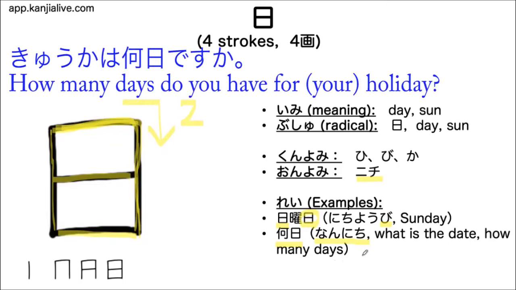So 休暇は何日ですか? Literally means how many days do you have for holiday? Okay, so 休暇, I can write here. Ki and small u, and then ka. So 休暇 is holiday. Again, 休暇は何日ですか? How many days do you have for your holiday?